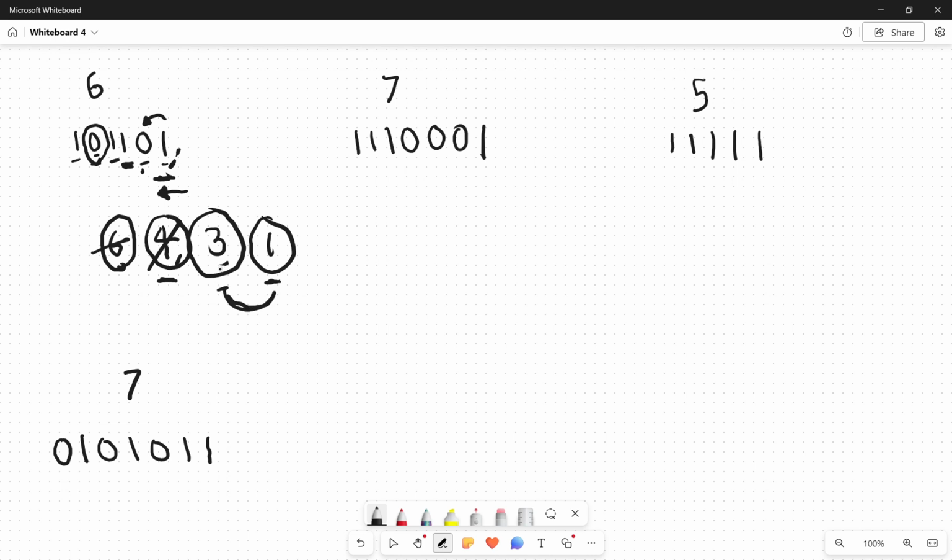So on the third day Monocarp will buy the third and the first product. So his final cost is 1 plus 2 plus 3. 3 got a discount with this one.